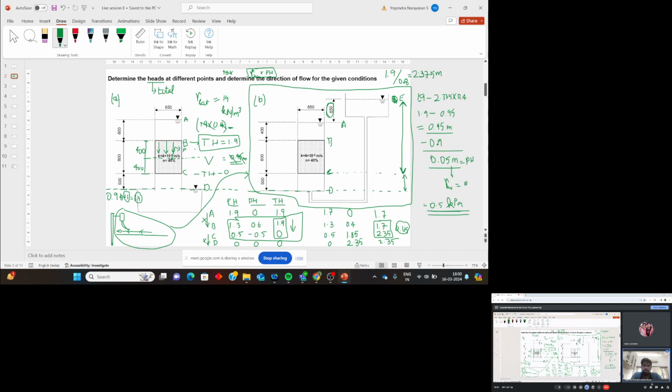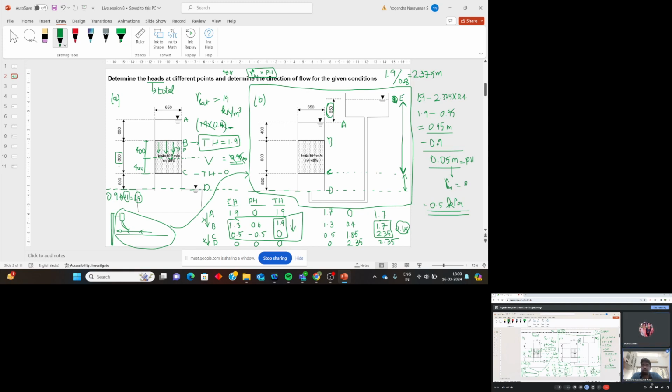What is the total head at B? It is 1.9. What is the total head at C? It is 0. So within the soil sample, the head is changing from 1.9 to 0, and that is happening over a length of 800 mm, that is 0.8 meters.